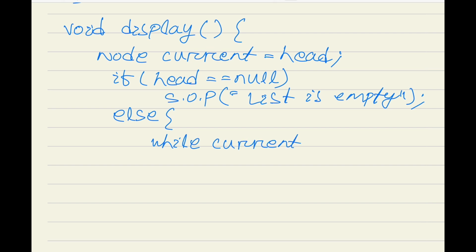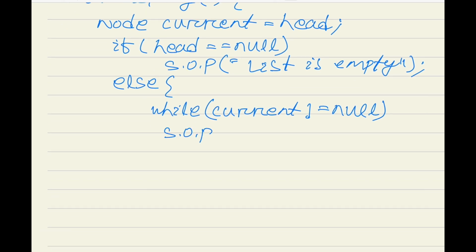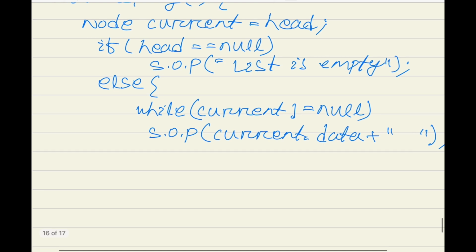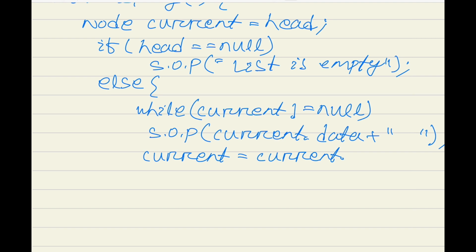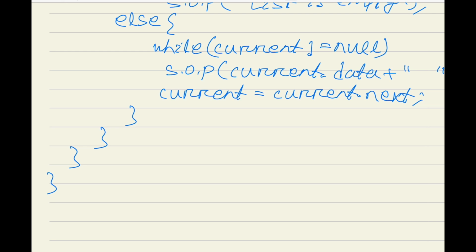So we can write like while current not equal to null, then system.out.println current dot data, then we can add some space, then we can write current equal to current dot next, end of method, then end of class.